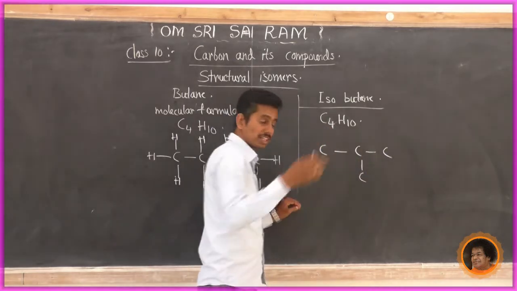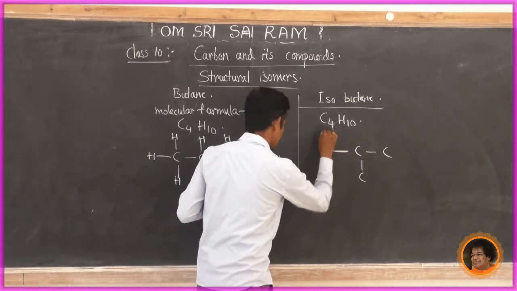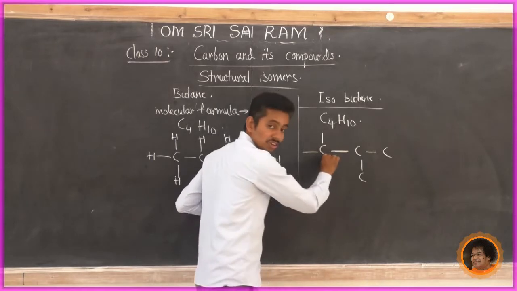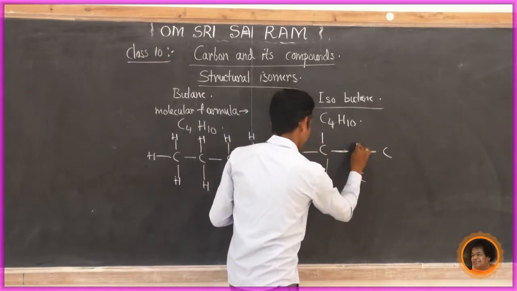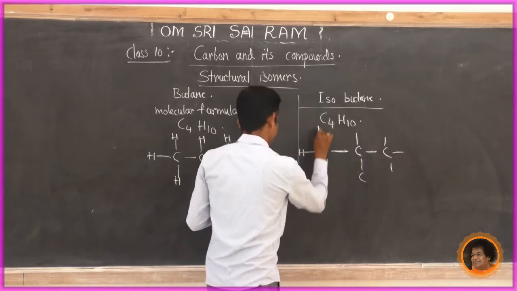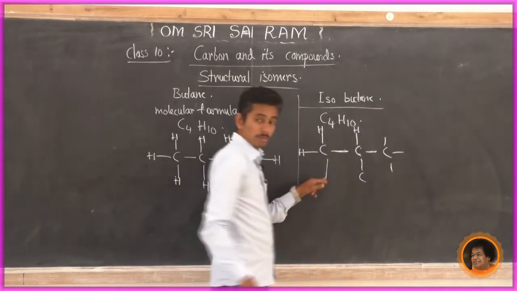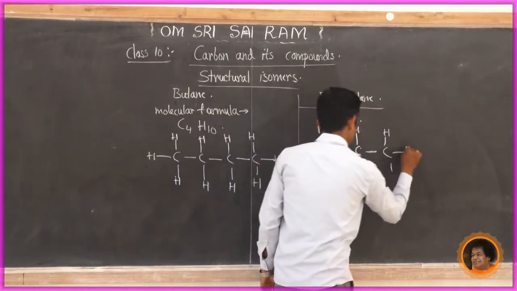Then if I write the hydrogens, for this carbon 1 covalent bond, 2, 3 and 4. For the second carbon 1, 2, 3 and 4. For this one 1, 2, 3, 4. Now write hydrogen, because carbon shares electrons with hydrogen.